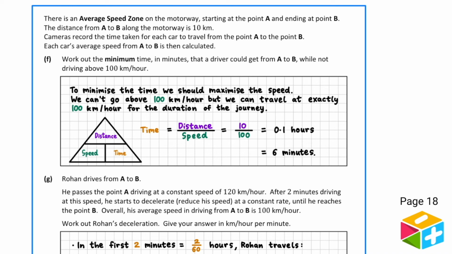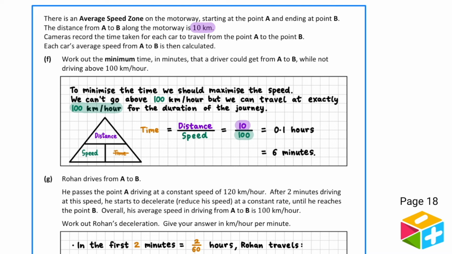To find our time, we can use the distance, speed, time triangle. Since we want to find the time, we should block out this portion of the triangle and look at the 2 quantities which remain. Here we have distance over speed. We're travelling between point A and point B, and the distance between these is 10 kilometers. Our speed is 100 kilometers per hour.